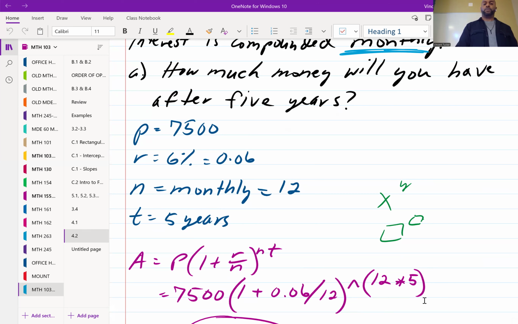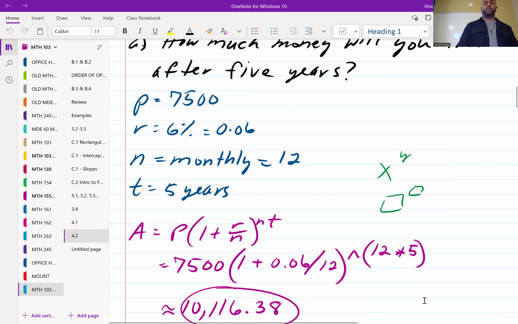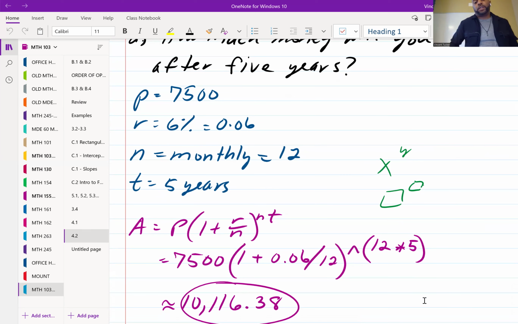Put it in the calculator like that, and you should get your answer: 10,116.38. And don't forget, we're dealing with money, so the hundredths place is what we round everything to, unless they tell you something specifically. So we're always going to hold on to those cents.